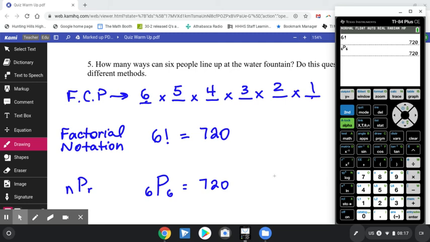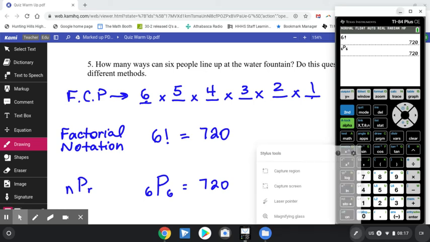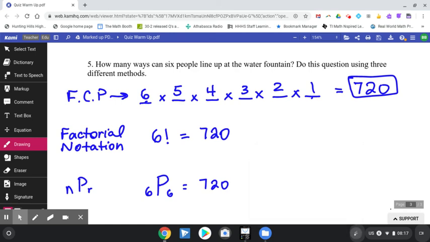Now, when you're doing your quiz today, there's a lot of questions where you're going to have more than one way to do the question. Sometimes you just pick the one that makes the most sense to you. Quite often, all 3 of them will work, but not always. So let's just take a look at when you use specific methods. I like the fundamental counting principle, setting up the blanks, when we have restrictions on certain spots.